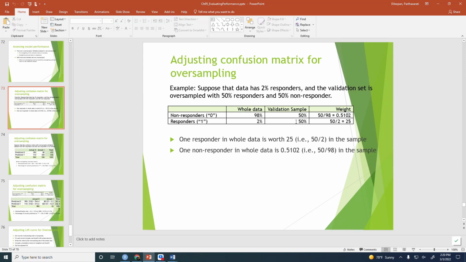So divide the response in the validation data by the whole data. That's what's going to give us the weight for response 1. And then you do 1 minus that, and then find the ratio, that's the weight for response equal to 0.